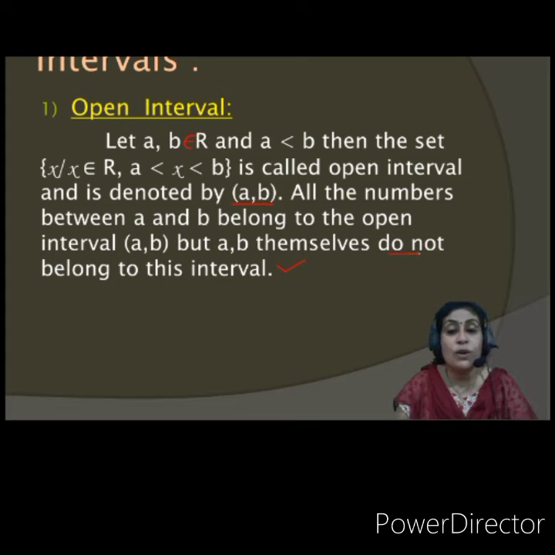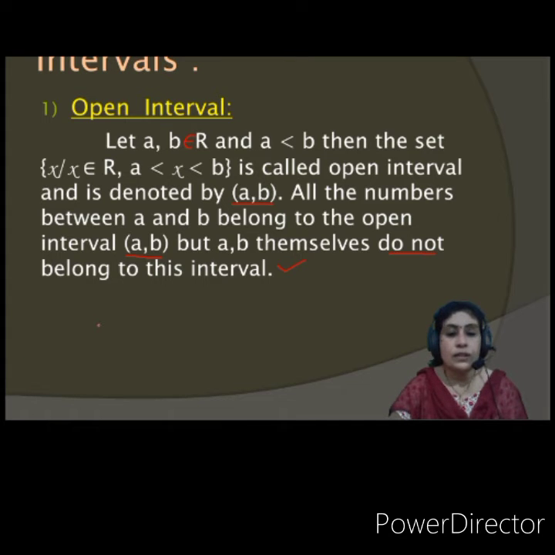Understand, we are talking about X greater than A but less than B. So it is all the real numbers lying between A and B. We are talking about some X, we don't know what that X is, but it is between A and B. So you write the open interval like this, where A and B are not included, but all the numbers between A and B are included.